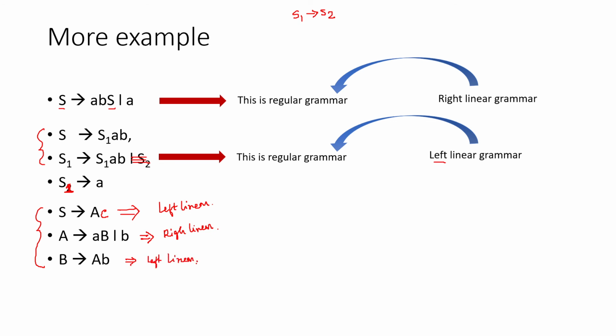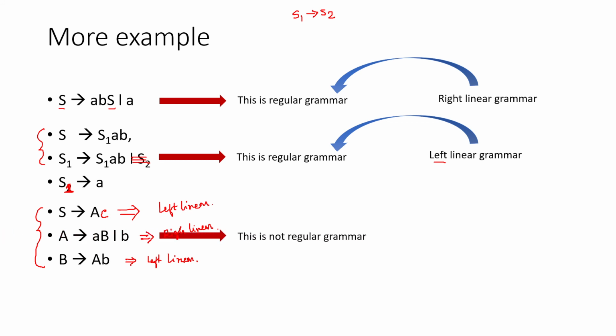So, unlike the previous cases, here we have seen that the grammar consists of n number of production rules, and each and every production rule is not following the same pattern. Some production rules follow a pattern of right linear grammar, some follow the pattern of left linear grammar.